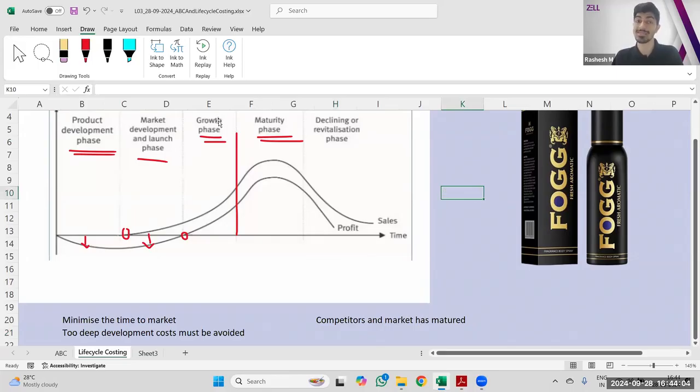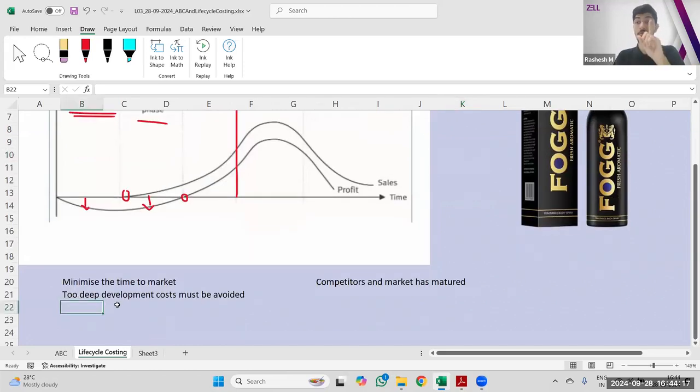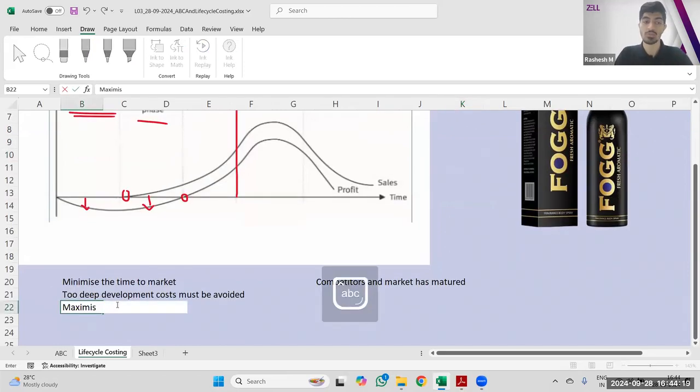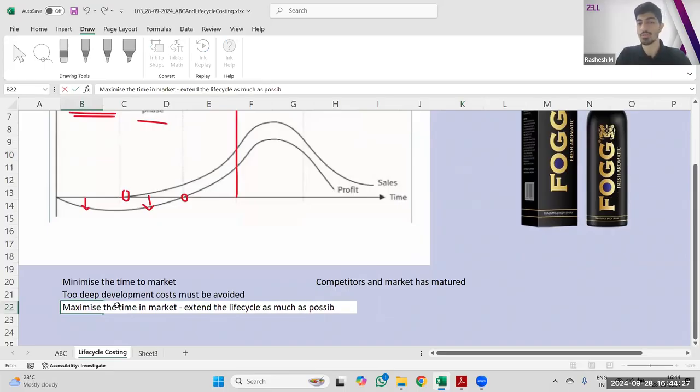So Apple's product is now well past its maturity phase. All they are doing with their new iPhones, of course, is ensuring that the market keeps expanding. So while you're in the maturity phase, your number one priority is to maximize the time in market, which is to extend the life cycle as much as possible.